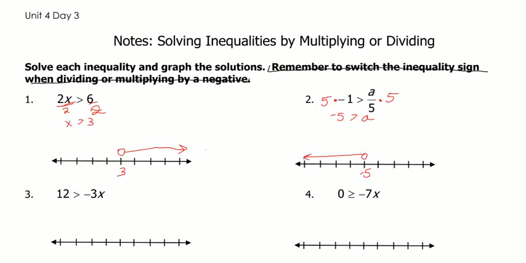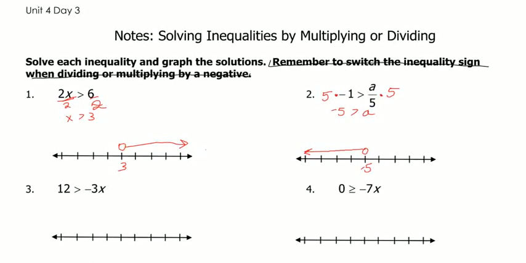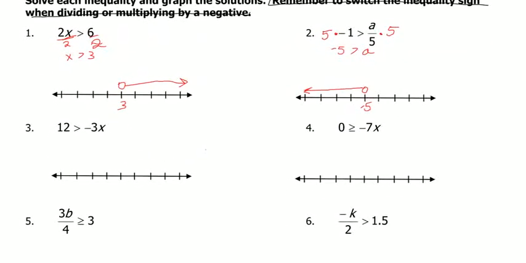Alright. Number 3. On number 3, we are going to divide each side of that by negative 3. And that's going to be negative 4. We're going to have an x left over on the other side.